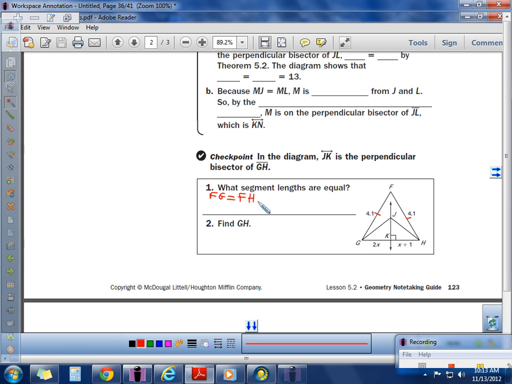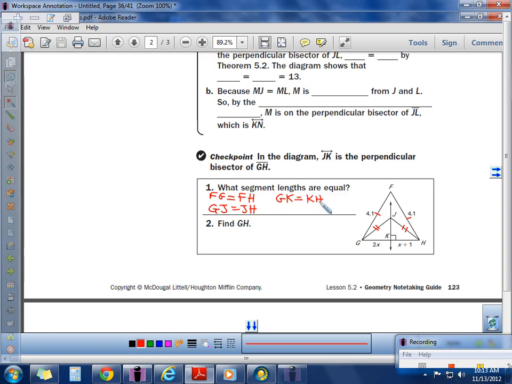Any other pieces I can say are congruent? GJ, so that's here. And JH, because they're equidistant to the same point. It's on the perpendicular bisector. These are the same because they give you the numbers. Any other piece? Yeah, GK and KH. Good.